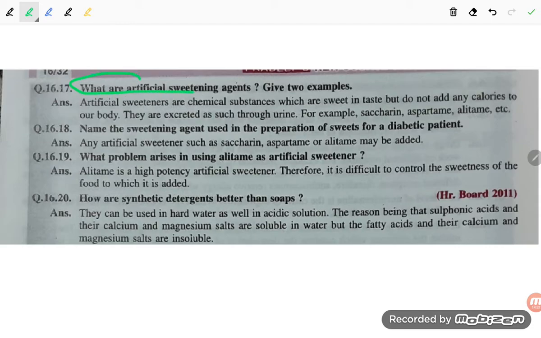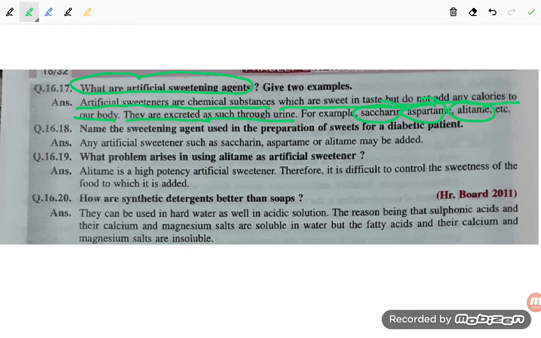What is an artificial sweetening agent? Give two examples. Artificial sweeteners are chemical substances which are sweet in taste but do not add any calories to the body. They are excreted as such through urine. For example, saccharin, aspartame, and alitame are examples. So an artificial sweetening agent is given in place of the sugar, students, as it does not increase the calories in our body.